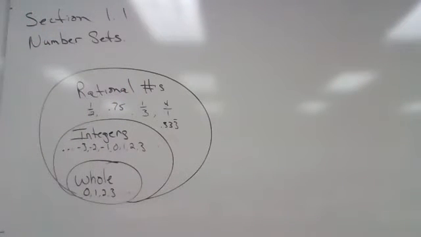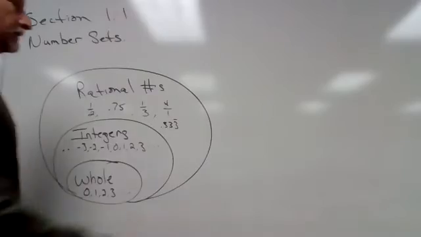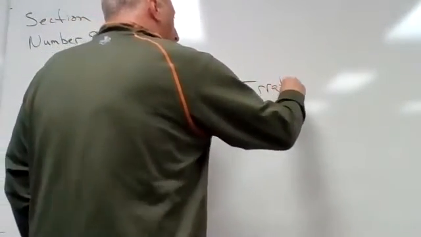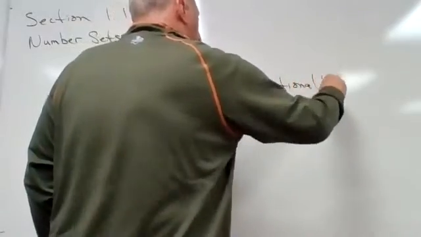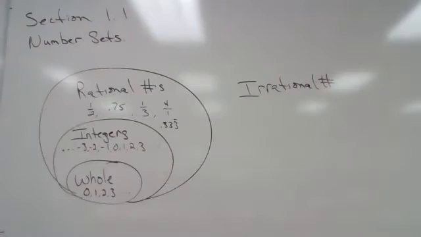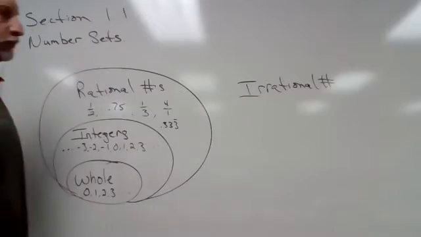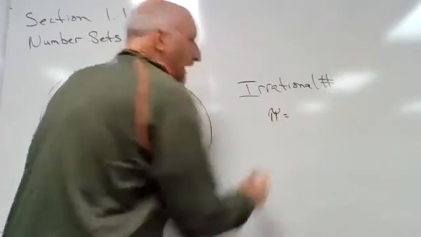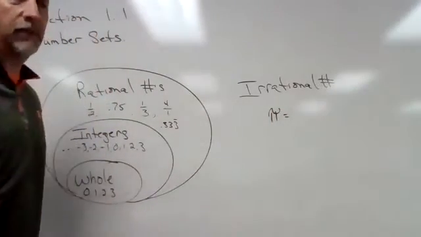Well, there are some numbers that we call irrational. And those are those decimal numbers and fractions that don't ever end as a decimal form, or don't repeat. For example, pi. We know that pi is 3.14 and so on.